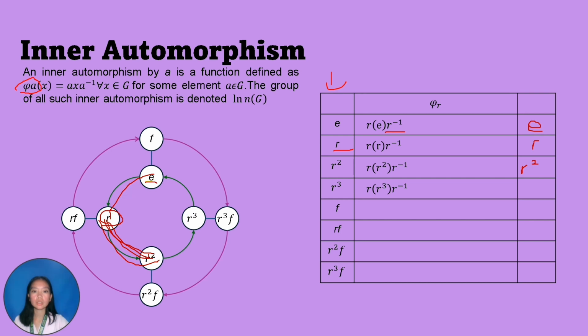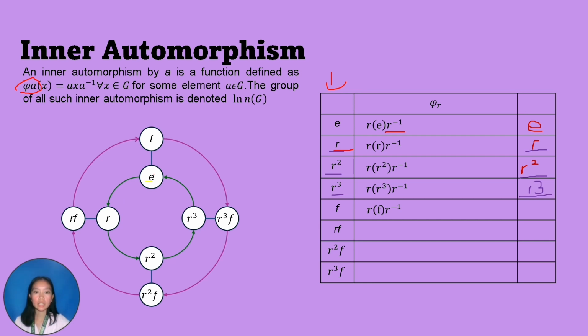So let's clean this up first. For R cube, we have from E, 1, 2, 3, and another one, and R inverse, we go back to R cube. As we can see, we start from R, we end up in R. It means that R maps to R, R squared maps to R squared, and R cube maps to R cube.